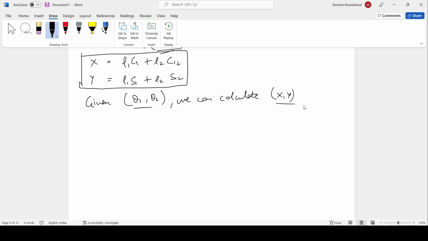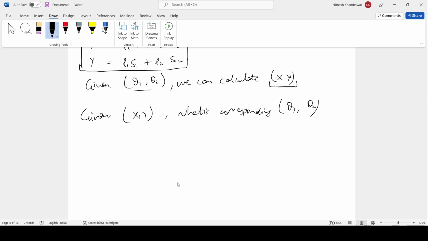Okay, but a more practical problem is, given x and y, what is the corresponding theta 1 and theta 2?